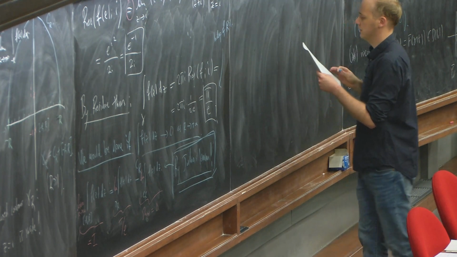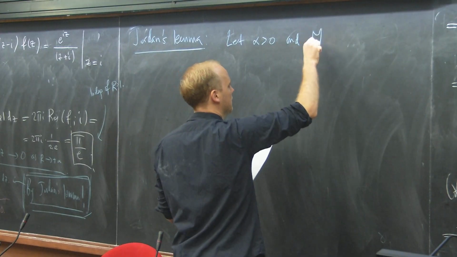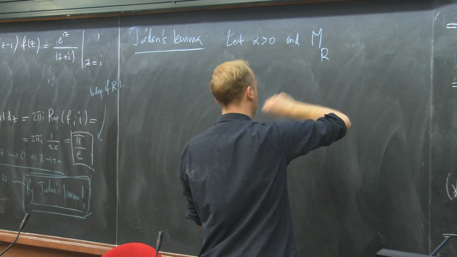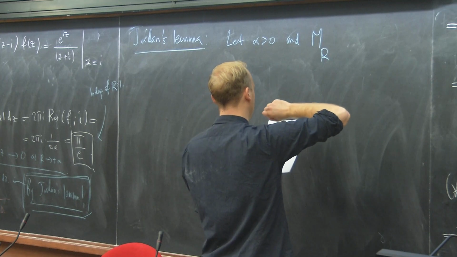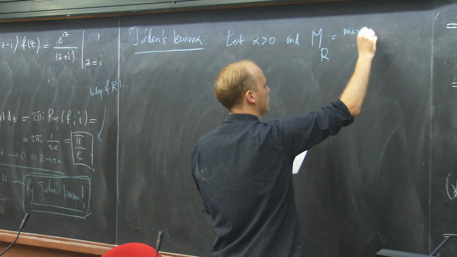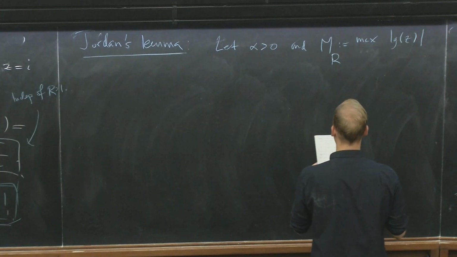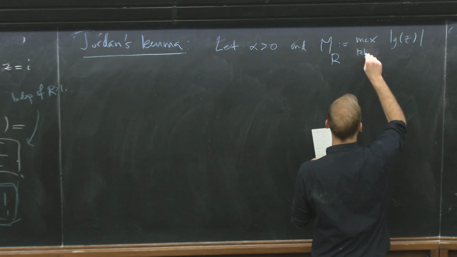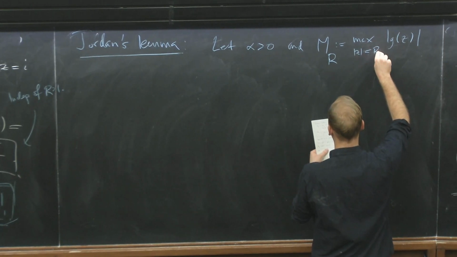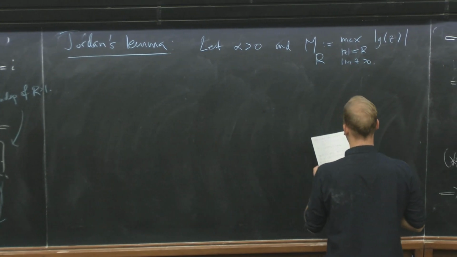If alpha is a positive real number, and we put some notation that we saw some lectures ago, MR, let it be the maximum of the absolute value of some function g of z, under these two conditions.